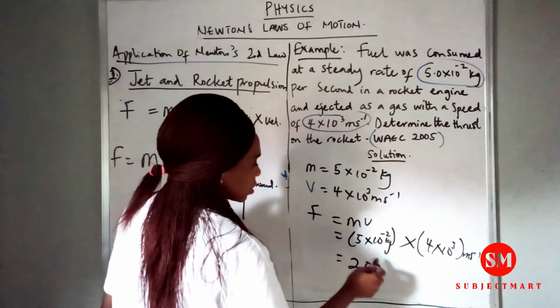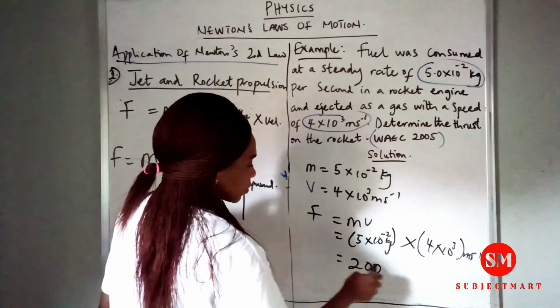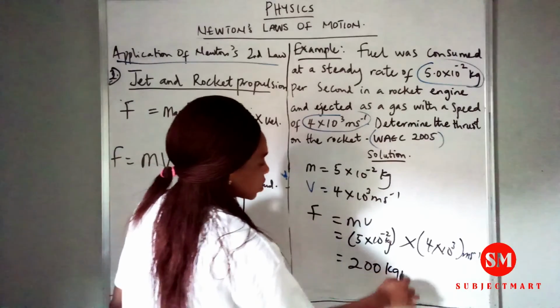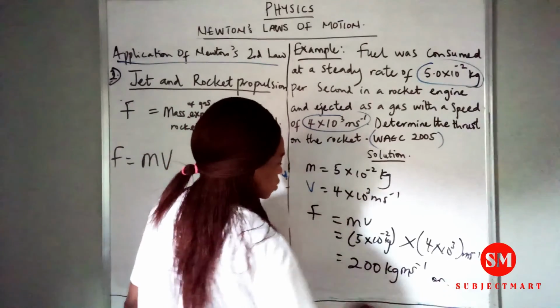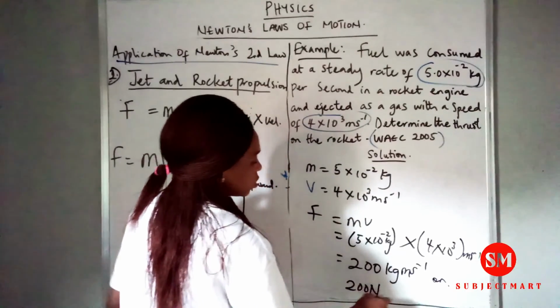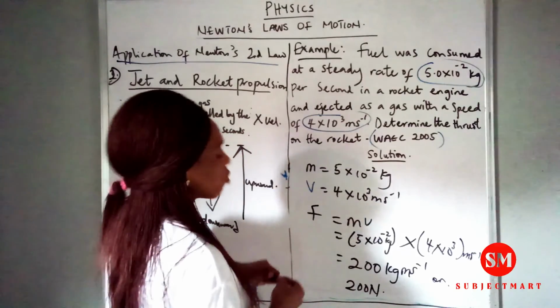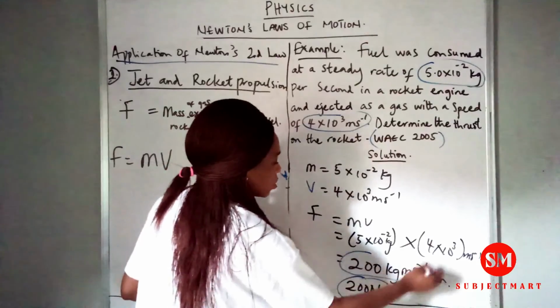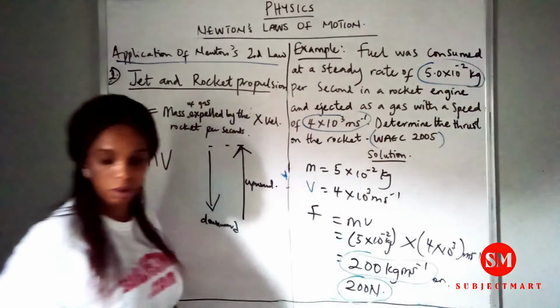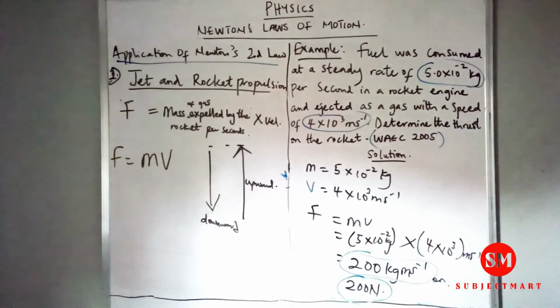So that's 200 kilogram meter per second, or we could just say 200 Newton. So the thrust on the rocket is equal to 200 Newton or 200 kilogram meter per second.